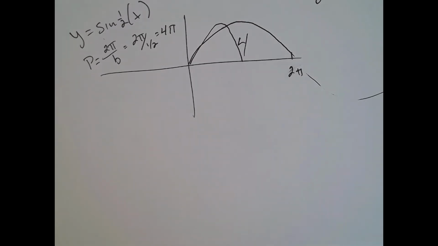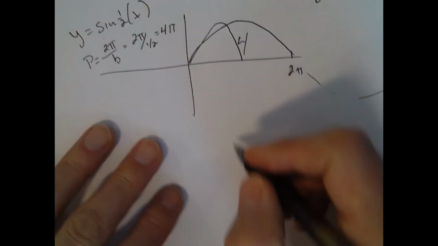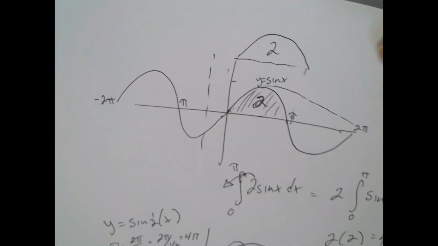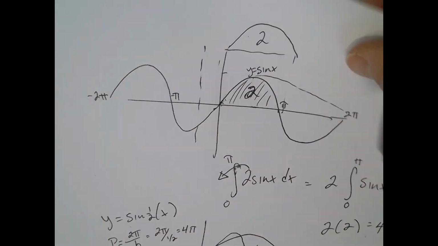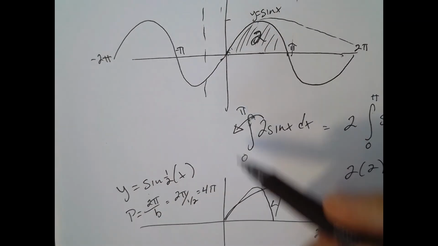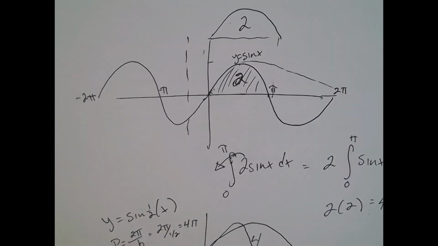What kind of function about from negative k to k? Like if I had an odd function, if you notice this sine x is an odd function, it looks the same upside down. You're always going to have just as much area above as you do below because of the nature of it being odd.